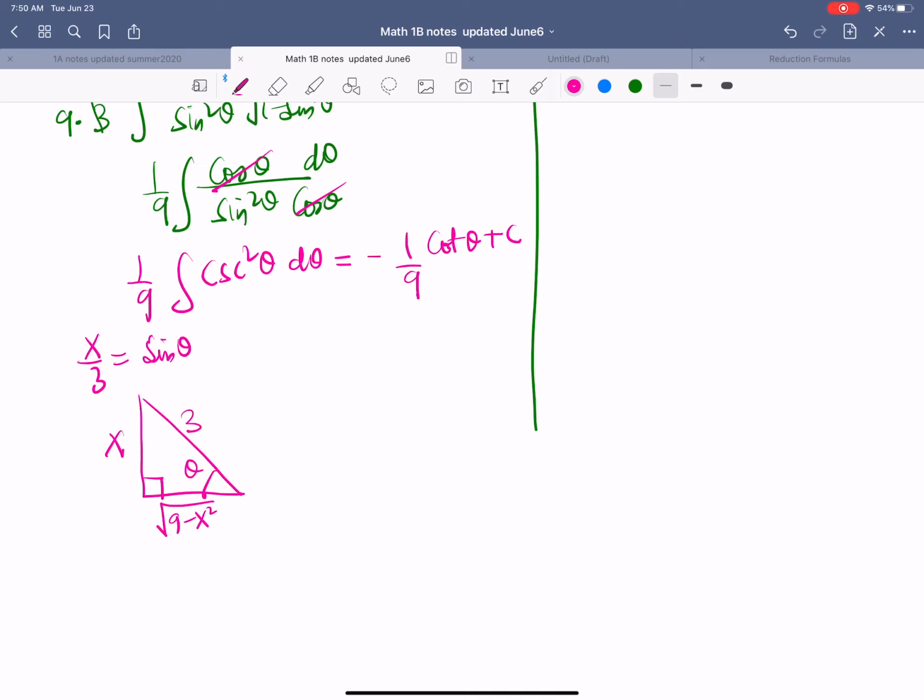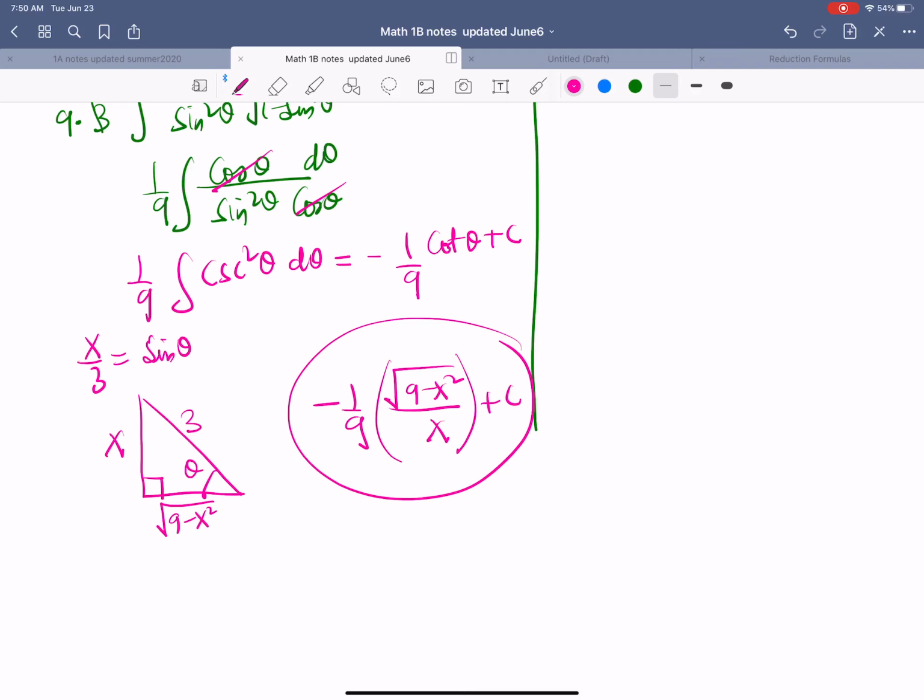So what is cotangent theta from this right triangle? Cotangent would be reciprocal of tangent. Tangent is opposite over adjacent. So cotangent will be adjacent over opposite. Adjacent is square root of 9 minus x squared. Opposite is x, plus a c. That's what our integral turns out to be.